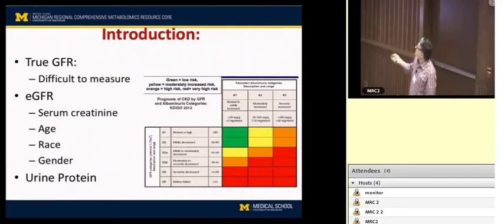So what's the problem with this classification? First of all, just by application of GFR and urine protein, you have cross-sectional data that is associated with high-risk outcome. Meaning that when you look at patients in the red area, technically it's too late.